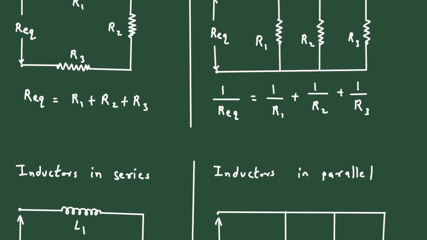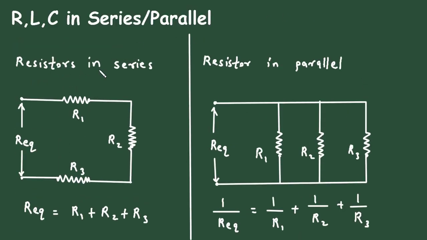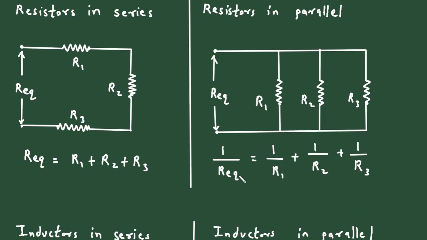So let's revise again. When resistors are connected in series, that time we have to add them, and when resistors are connected in parallel, that time we have to take this formula, 1 upon Req is equal to 1 upon R1 plus 1 upon R2 plus 1 upon R3. That is, we have to take the reciprocal and then add it.